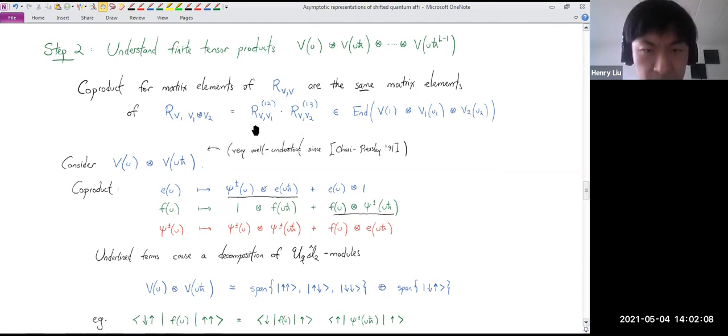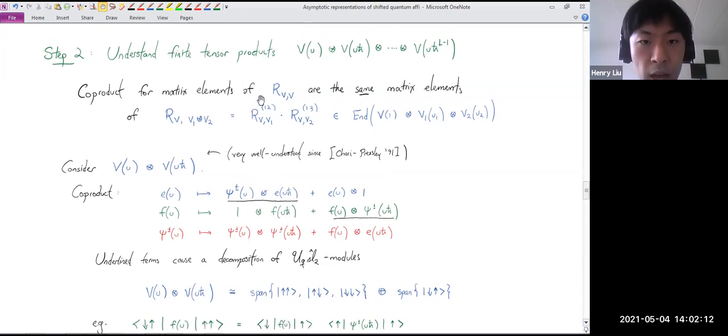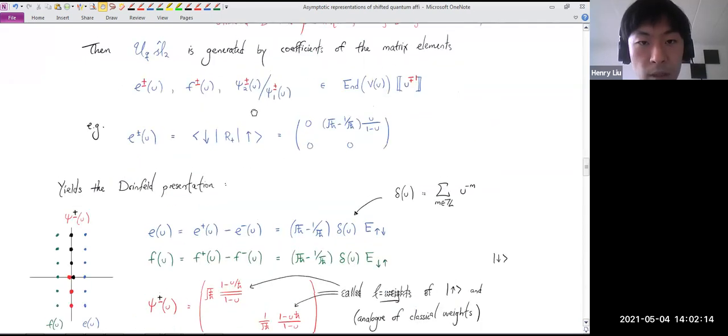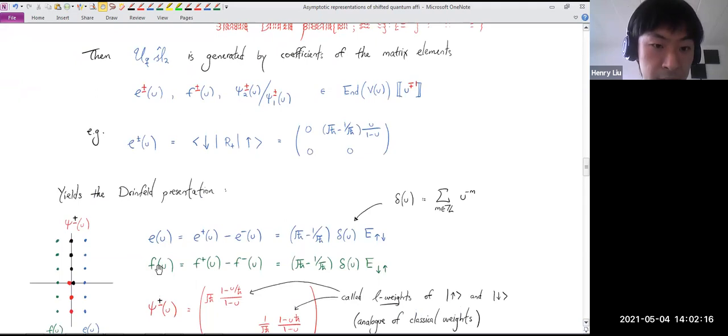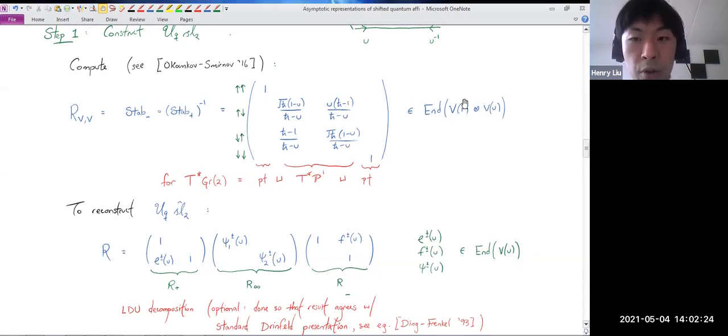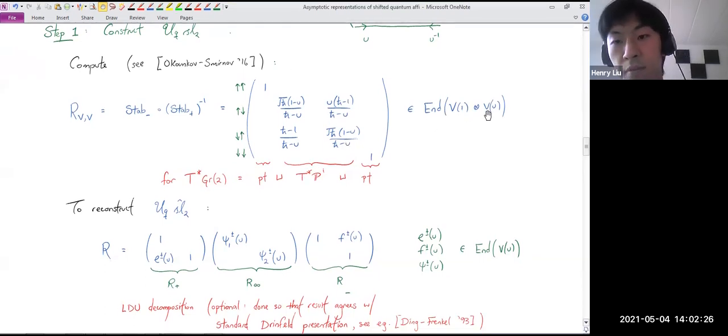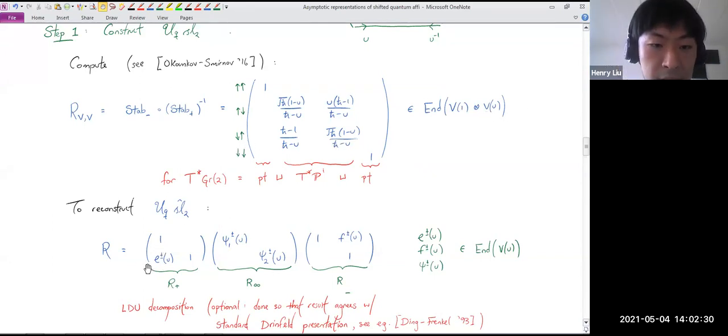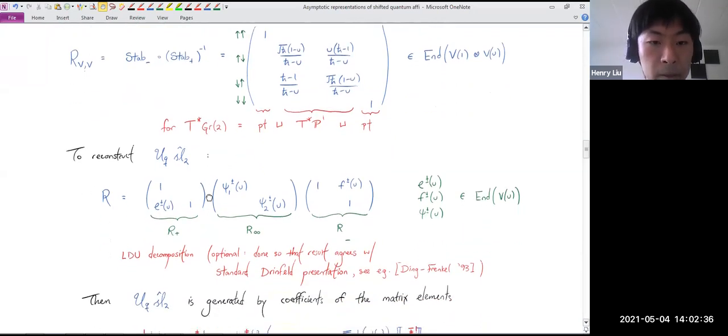So very concretely, if you think back to our 4x4 matrix up here, if you want the coproduct of E, all that you have to do is take the product of two of these matrices, now acting on a threefold tensor product, V1 tensor V tensor V, and then you take the exact same matrix element inside its LU decomposition. Okay, so that's how it goes.